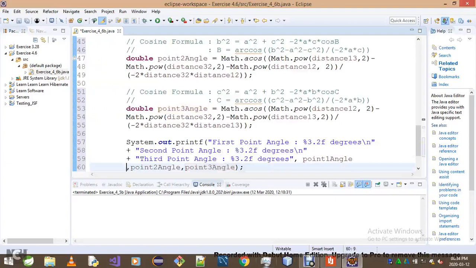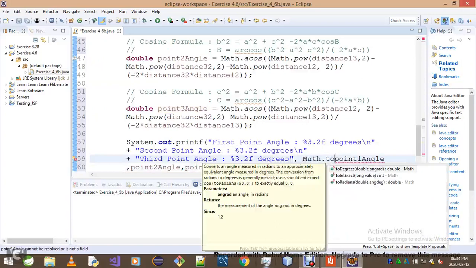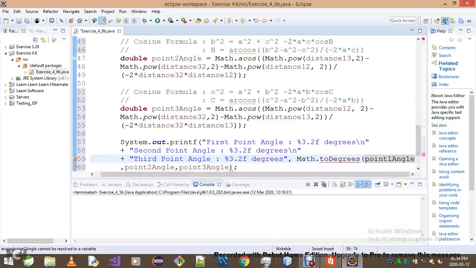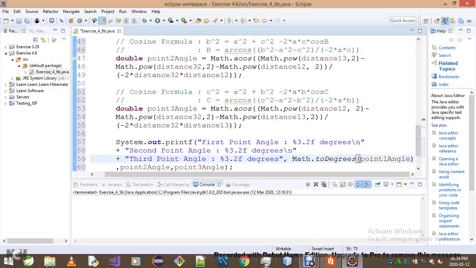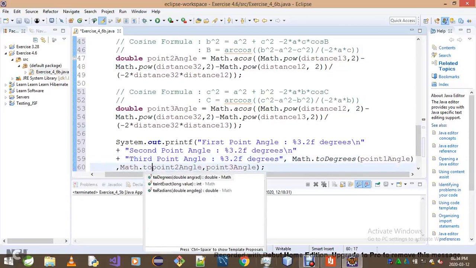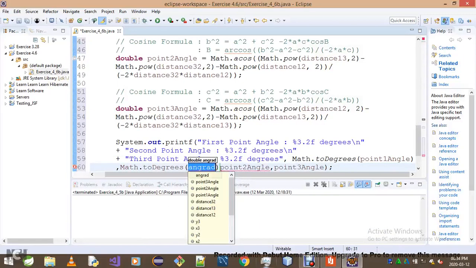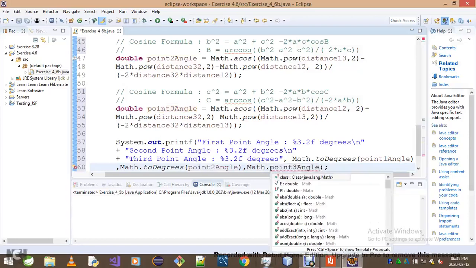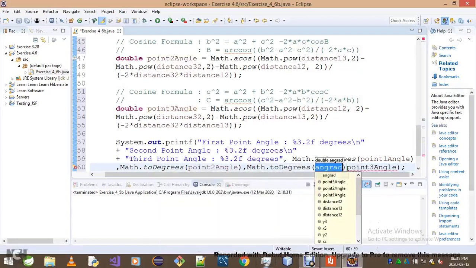What you do want though is to make sure that this is converted to degrees. Same thing applies for the other two variables, to degrees. And make sure you put this over here. And then lastly, we do that for our last point angle.